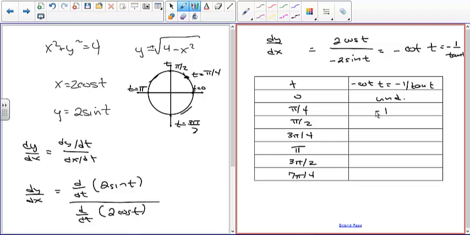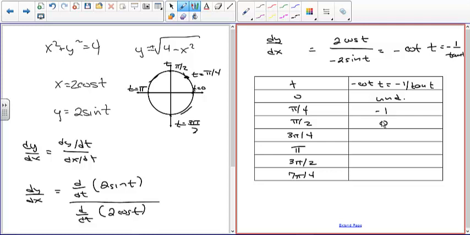And I put in pi over 2, and I get something wrong there. Why didn't it like that? Oh, yeah, it's 0. The calculator didn't like it because I asked for the tangent of pi over 2, which is undefined. But 1 over infinity is 0.